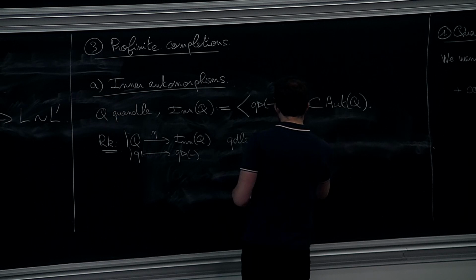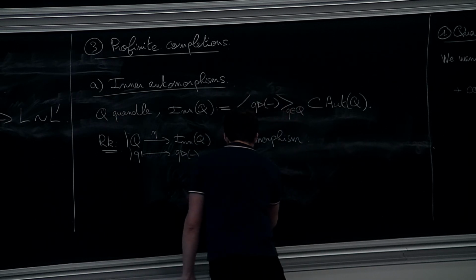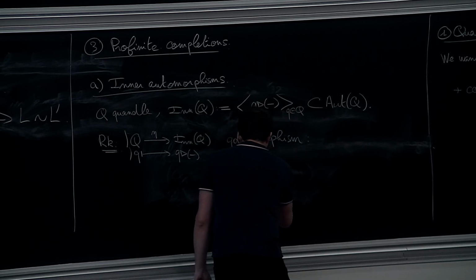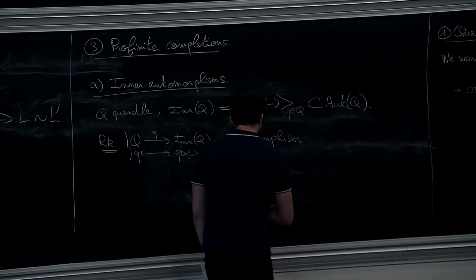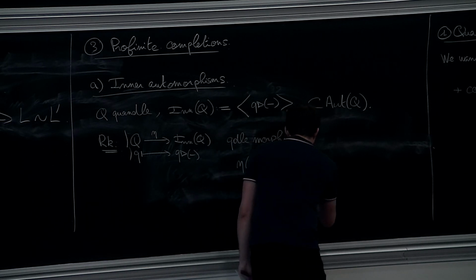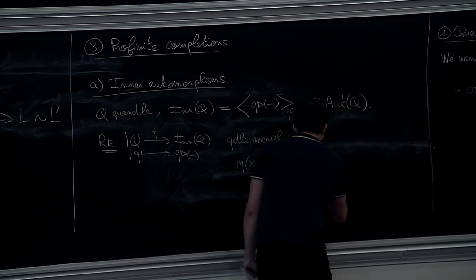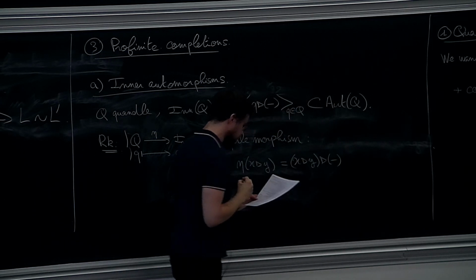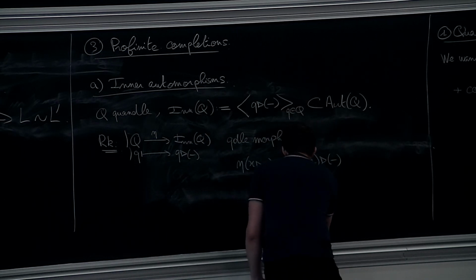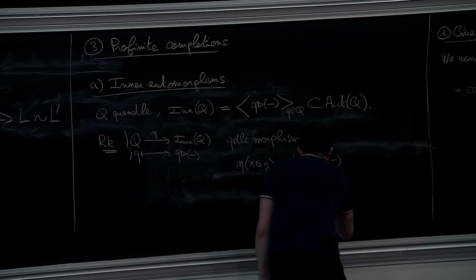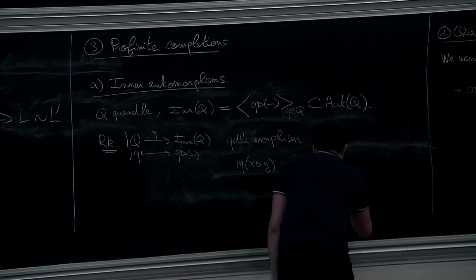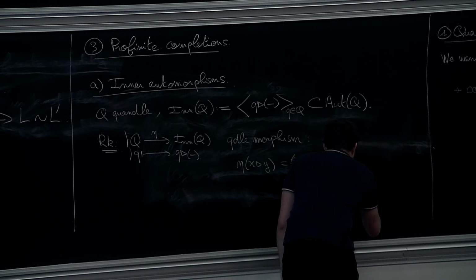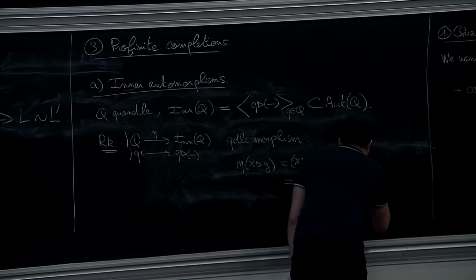This is actually very easy to see: if you take this image, then taking the associated automorphism is the same as this. Why is that?